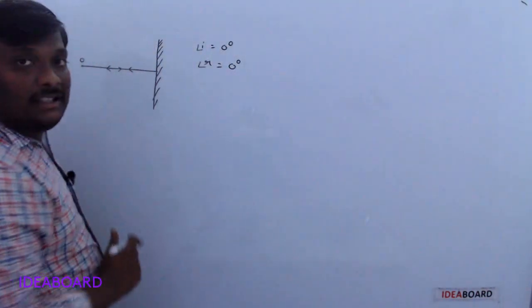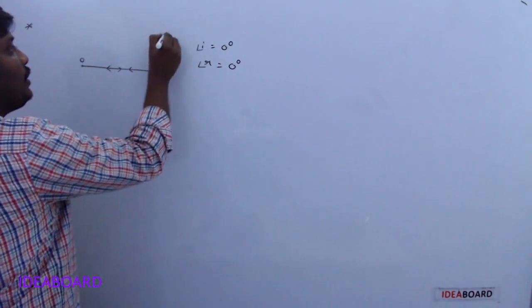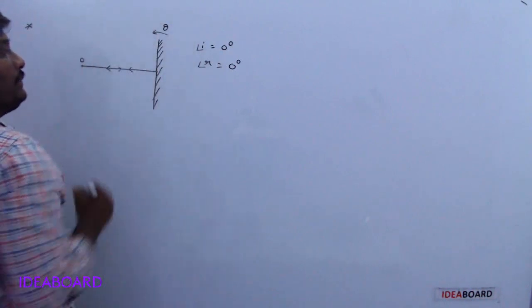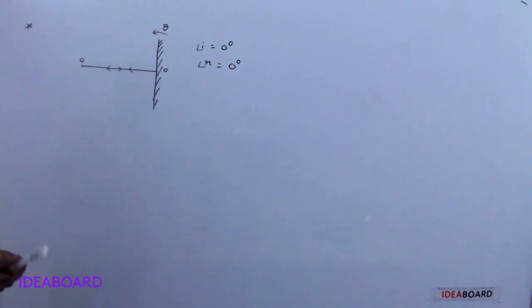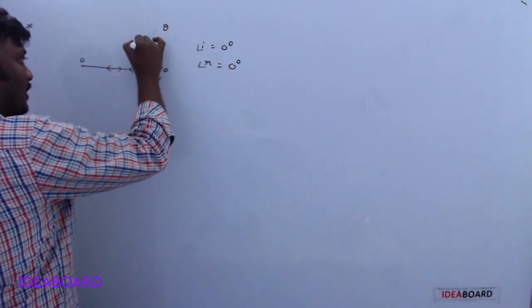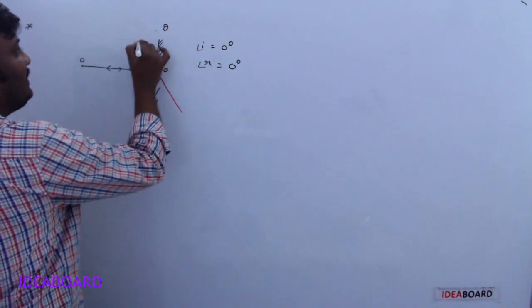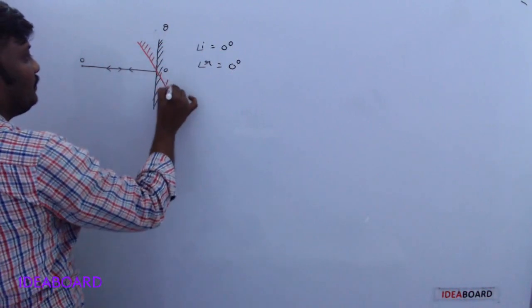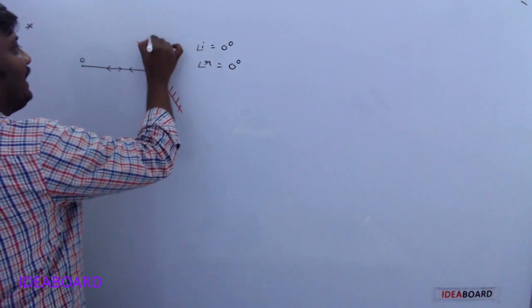We discussed this in the previous section. Now do one thing: suppose the mirror is rotated through an angle theta about this point O. The new position of the mirror is this one, and this angle is taken as theta.